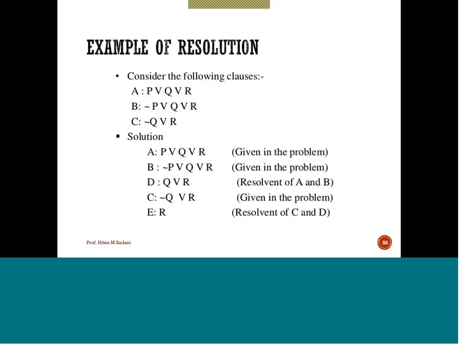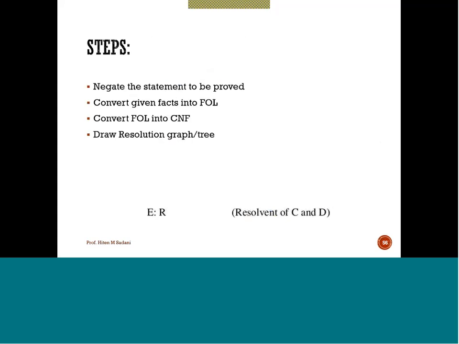This is the example, so I am not discussing this again. Remember these steps, which I have written. Negate the statement to be proved. Second, convert given facts into FOL form, first order predicate logic. Convert FOL into a normal form. Then draw the resolution graph or tree.